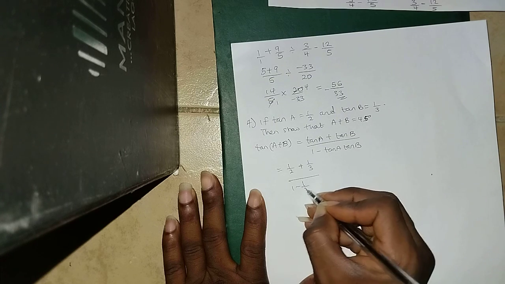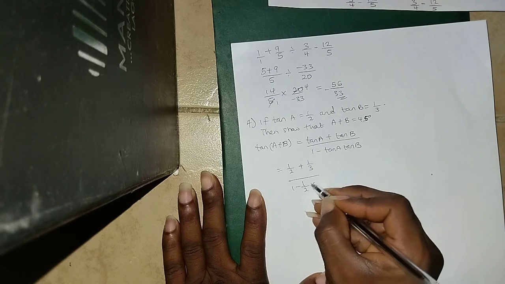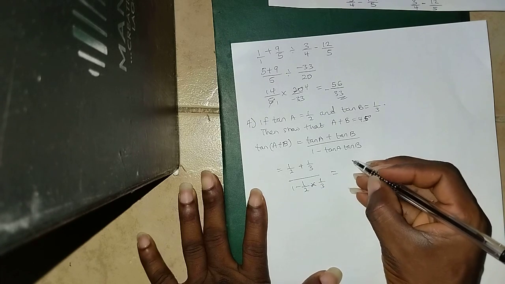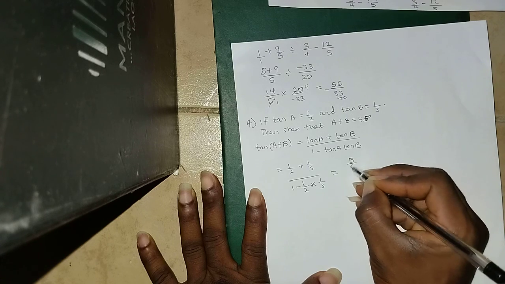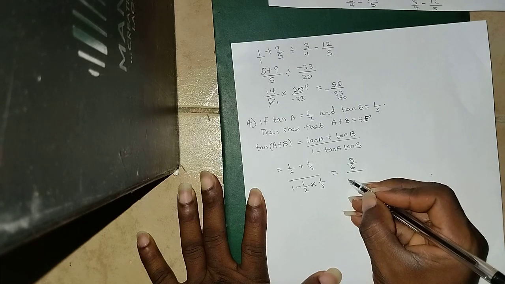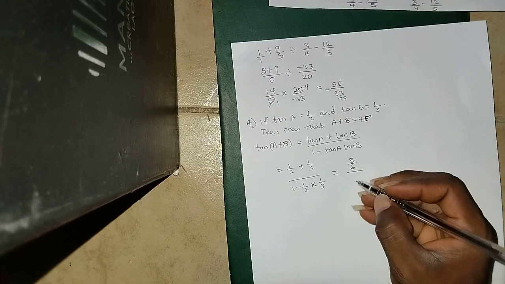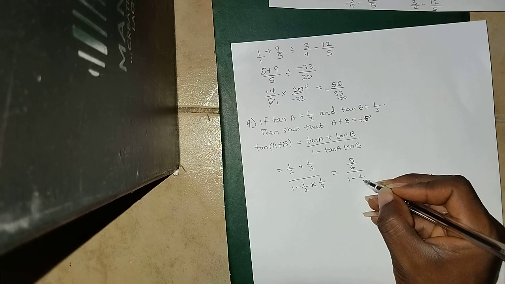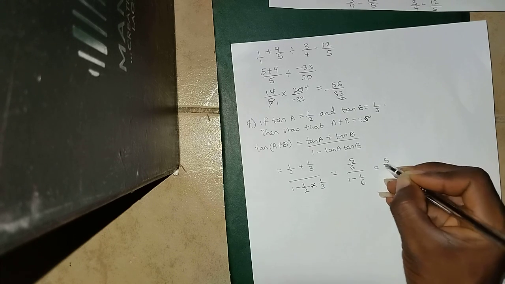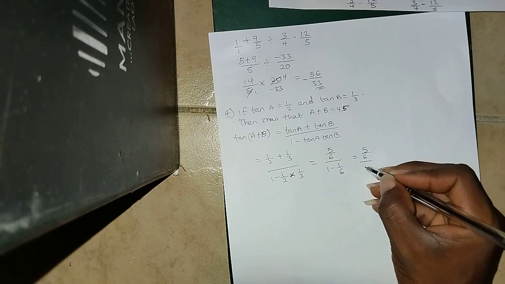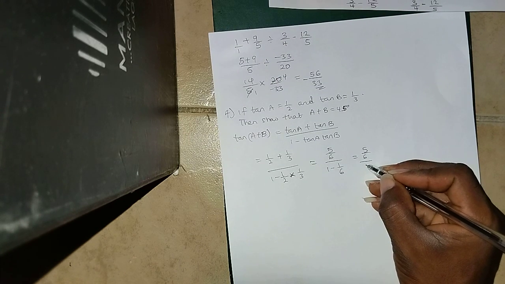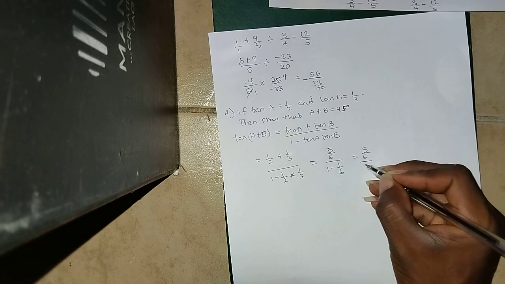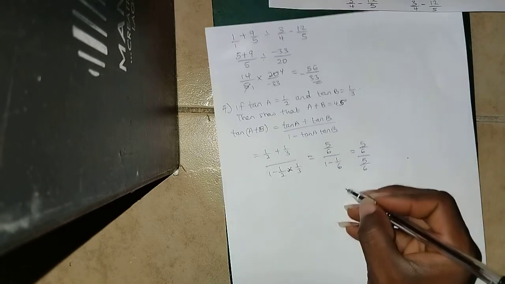1 minus 1 over 2 times 1 over 3. If you do the LCM of that fraction, you should have something like 5 over 6. And for this one here, 1 minus 1 over 6, so 5 over 6.